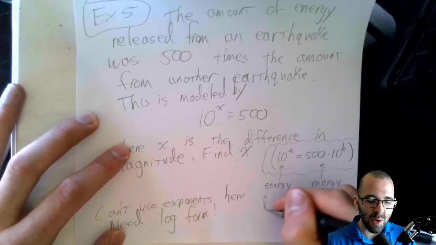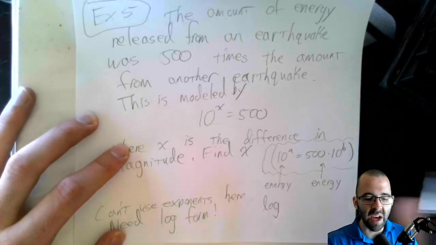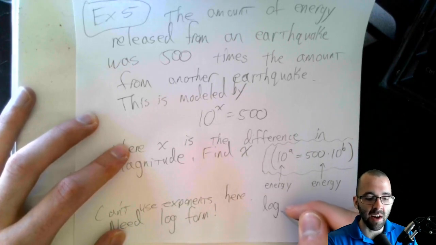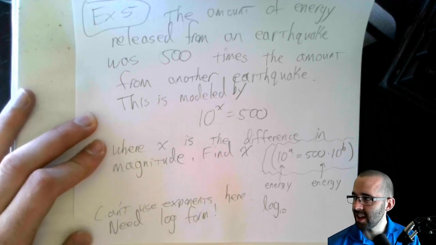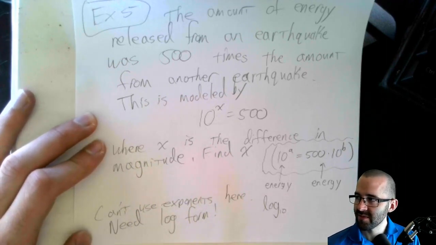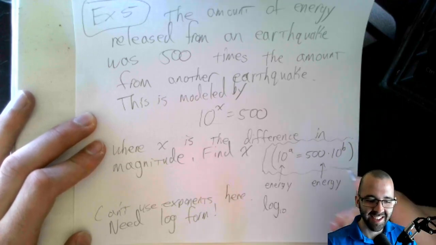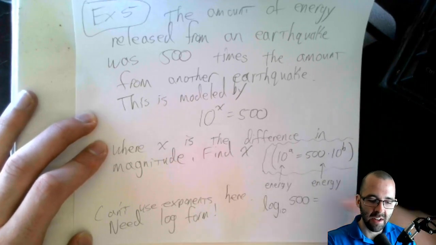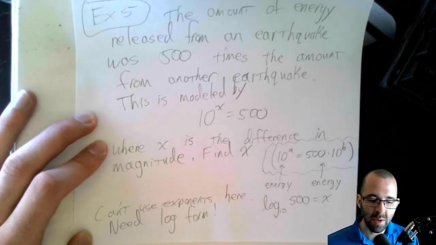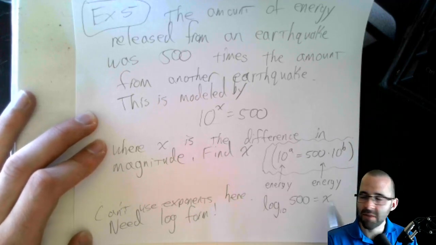Log form says the base of our logarithm is going to be the base of the exponential. This is going to be the common log, log base 10. You can write the 10 or not write the 10, as you prefer. And then the inside is that right-hand side, 500, equals x. This is what it looks like in logarithmic form.